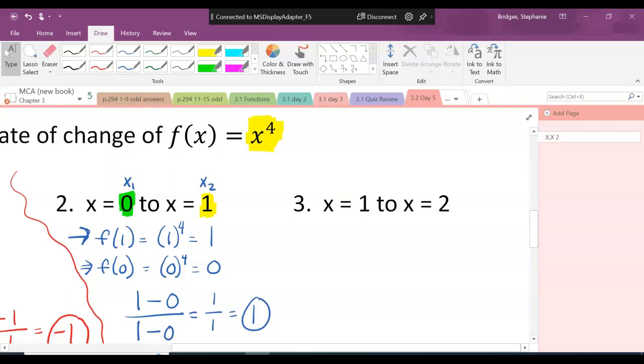Plug in just the x value, not what you got. Remember, on the bottom, your formula is just your x2 minus x1, not what you got when you plugged them into your functions.